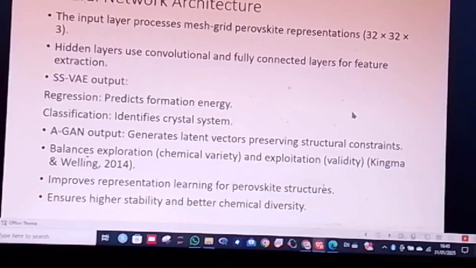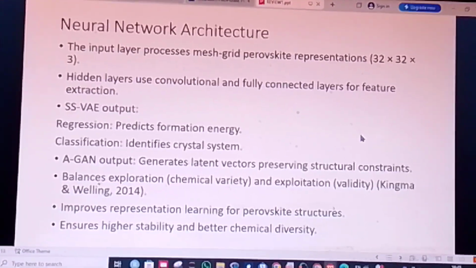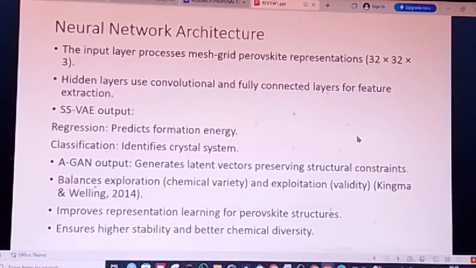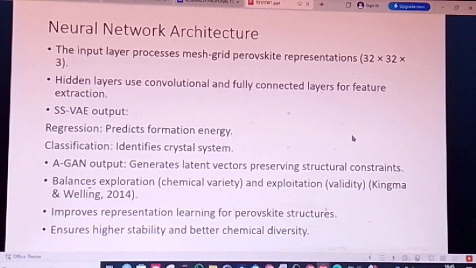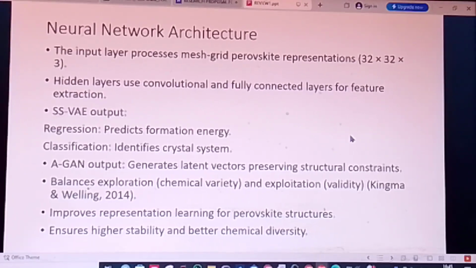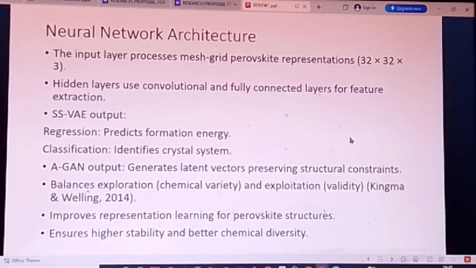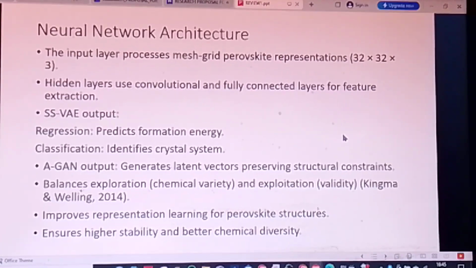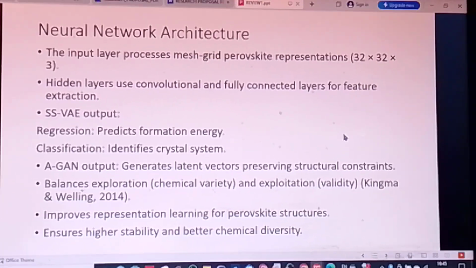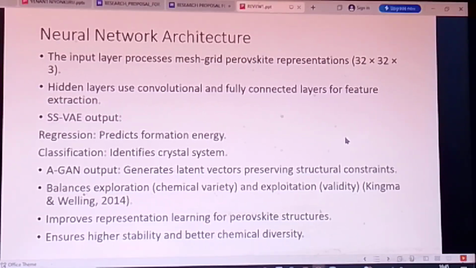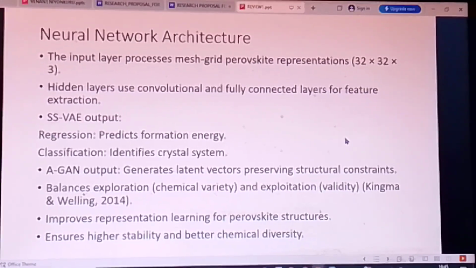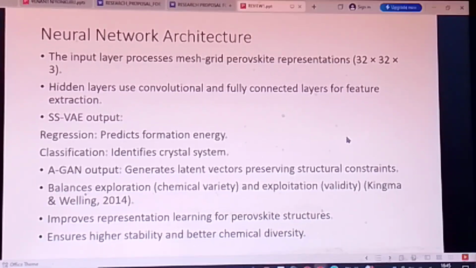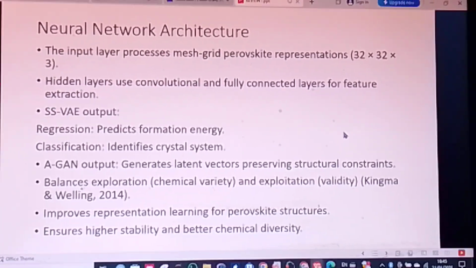The neural network architecture has input layers, which process mesh grid perovskite representations, and hidden layers that use convolutional and fully connected layers for feature extraction. The SSVAE outputs are regression, which predicts formation energy, and classification, which identifies the crystal system.